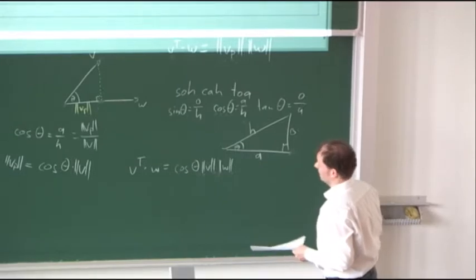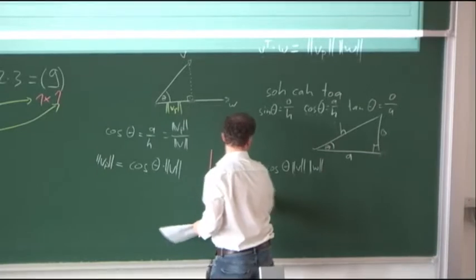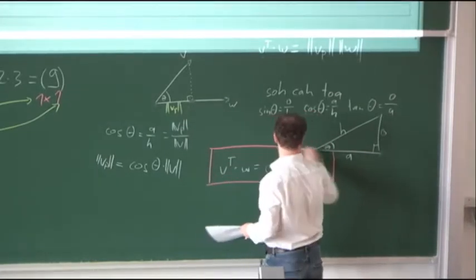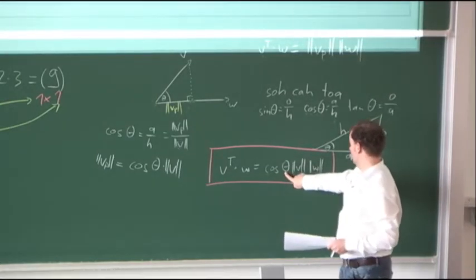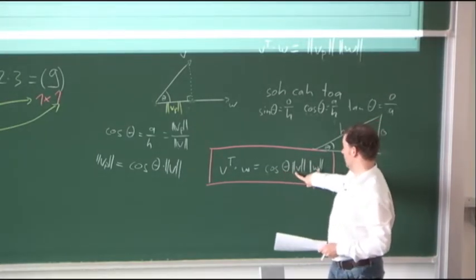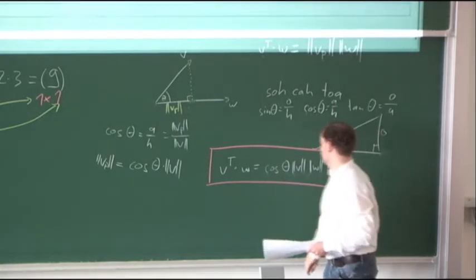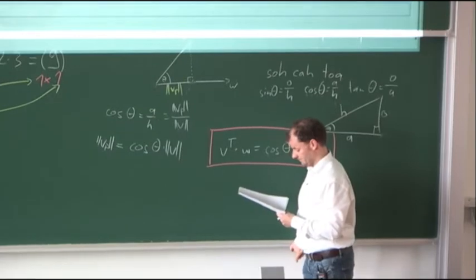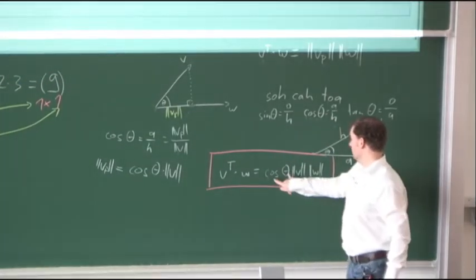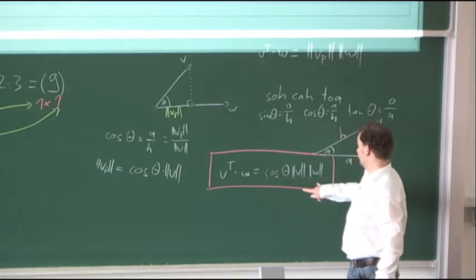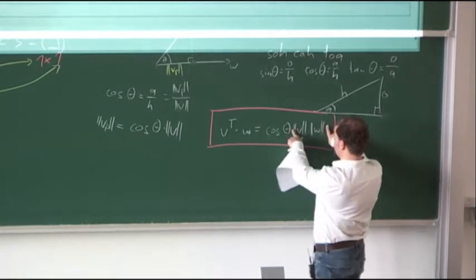I think this is important. Now from this I can also calculate the angle by dividing by this and then taking the inverse cosine of both sides. If you really want to have this angle theta, I divide by this part.